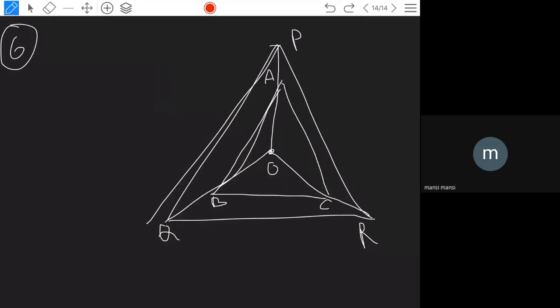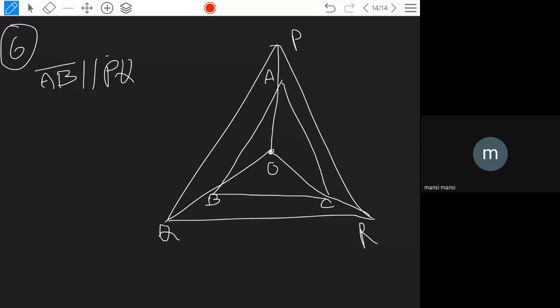This is totally clumsy, I think, that's why I'm erasing this one. What is given here? It is given that AB is parallel to PQ. From that you are going to get OA by AP is equal to, can anyone say?